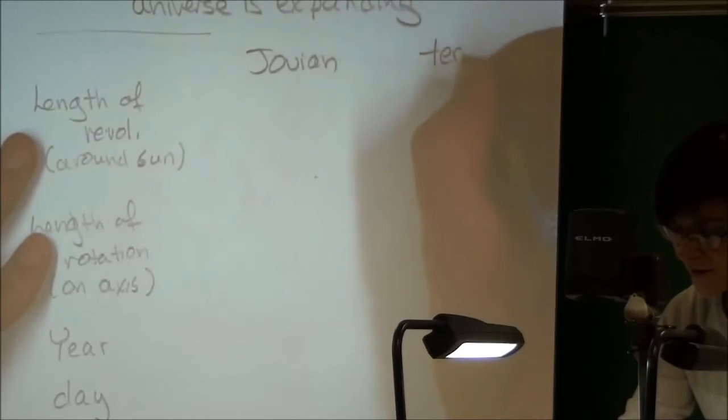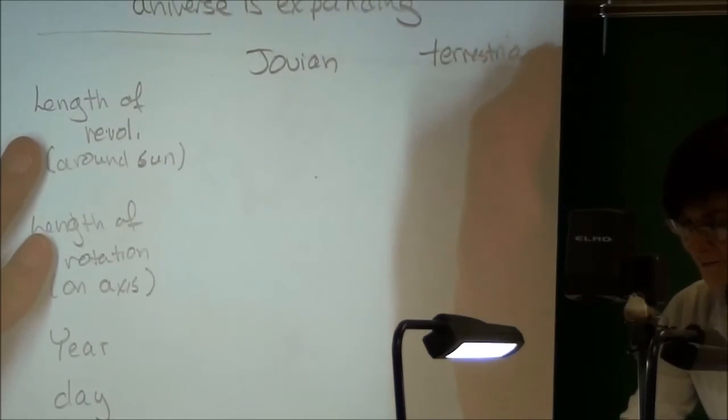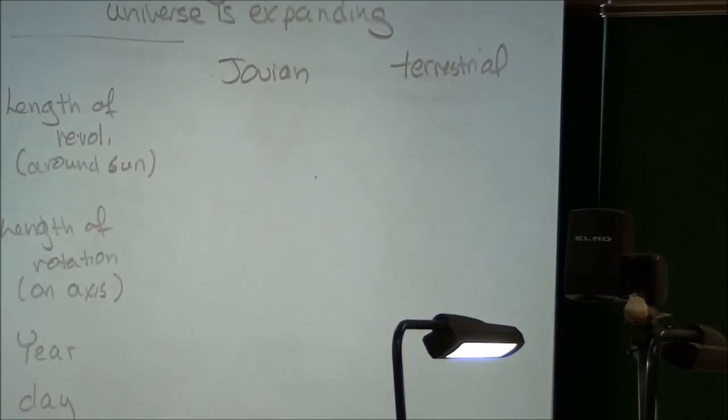What's a Jovian planet? Jupiter, Saturn, Uranus, Neptune. Excellent. Okay, so those are the big gassy or icy planets.